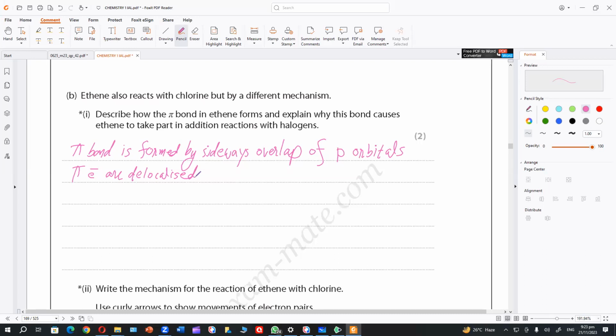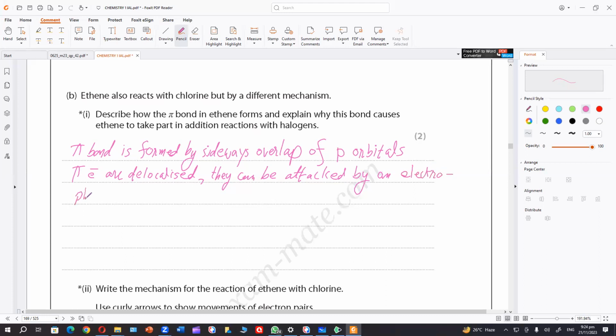Why does this bond cause ethene to take part in addition reactions? They can be attacked by radicals or, well, electrophiles. Yes, electrophiles.